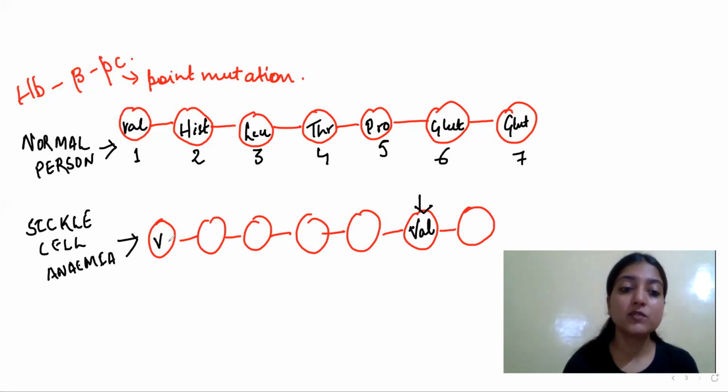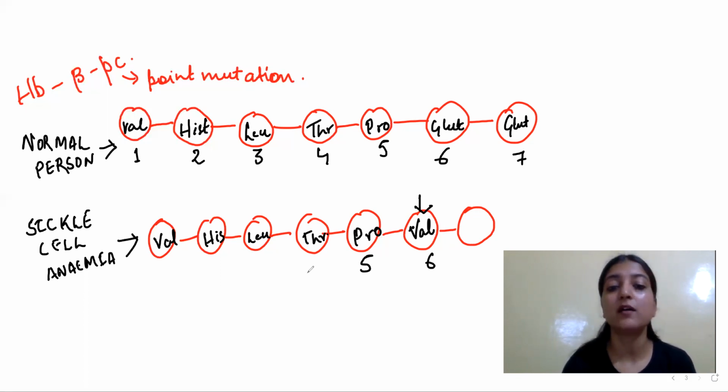Now every sequence will again be the same: valine, histidine, leucine, threonine, proline, but at the sixth position, that was glutamic acid, it will be replaced by valine, okay? And again the seventh will be the same, glutamic acid.